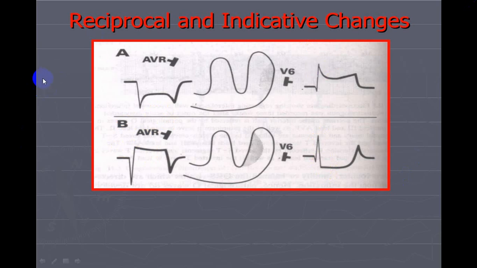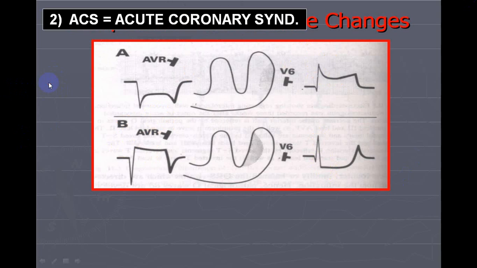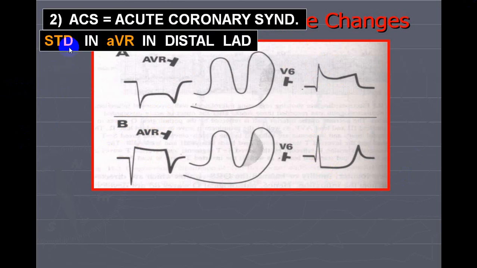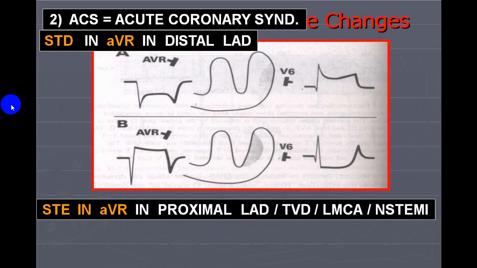This also helps you sometimes to identify a reciprocal change or acute MI. So ST depression in AVR is distal LAD and ST elevation in AVR is a proximal LAD or LMCA, and it is sometimes quite useful in a non-STEMI also.